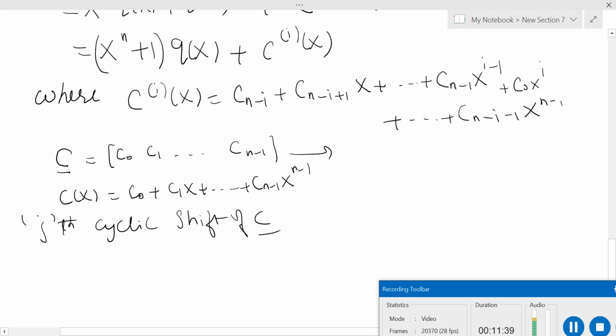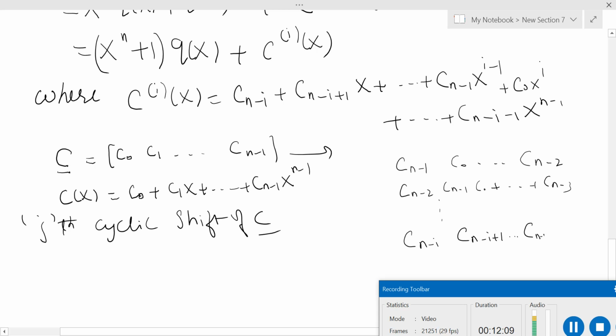See, when you do the cyclic shift once, you will get cn minus 1, c0, cn minus 2, right? Second cyclic shift: cn minus 2, cn minus 1, c0, cn minus 3. What will be the ith term? That will be cn minus I, right? Then cn minus I plus 1, dot dot dot. Then somewhere in between the terms cn minus 1, c0. Then the last term cn minus I minus 1, right? This is the ith cyclic shift of this code word.